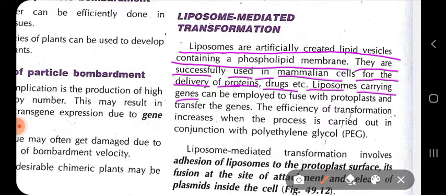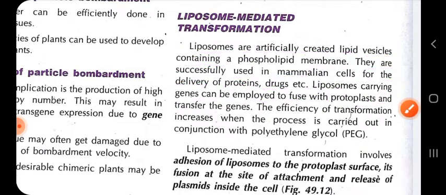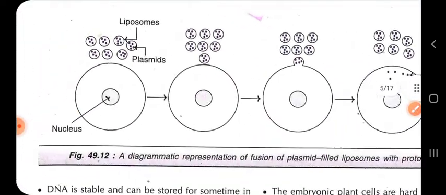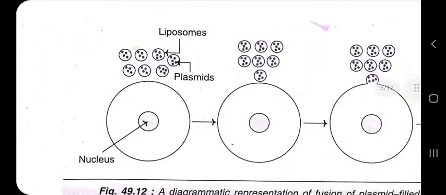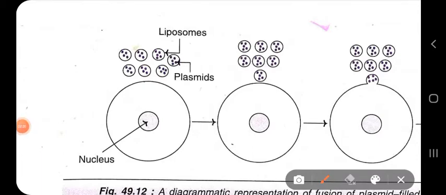Liposomes carrying the genes can be employed to fuse with the protoplast and transfer the genes also. It is given in this diagram. You can see the cell with the nucleus, and the liposomes, shown as round figures, with the gene of interest inside, which can be delivered into this cell with the help of endocytosis.